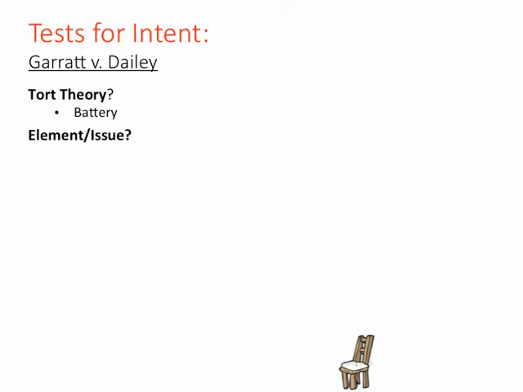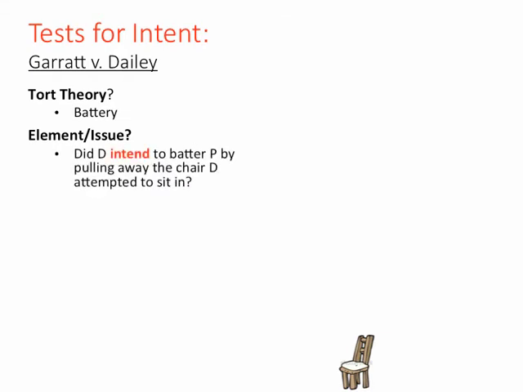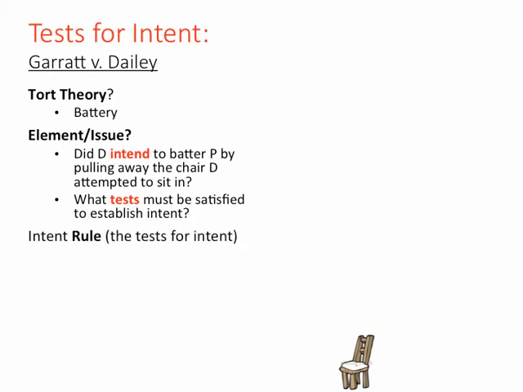The element at issue is the element of intent, and there's really two things going on here. We do have to figure out whether or not Brian intended to cause the battery to the plaintiff, but we have to dig a little bit deeper and figure out what are the tests that we would use to determine whether or not intent was satisfied.